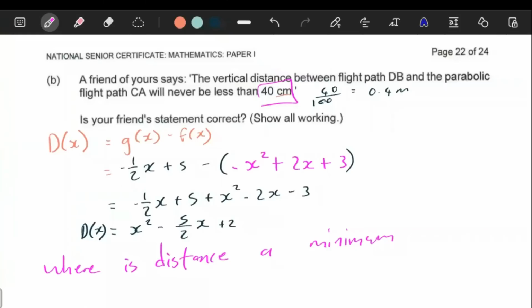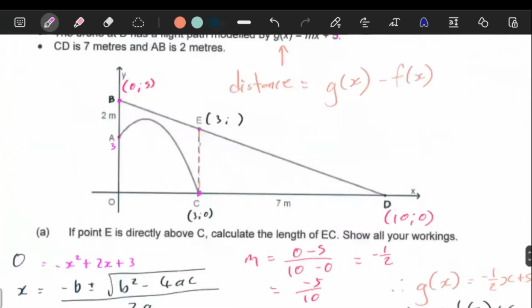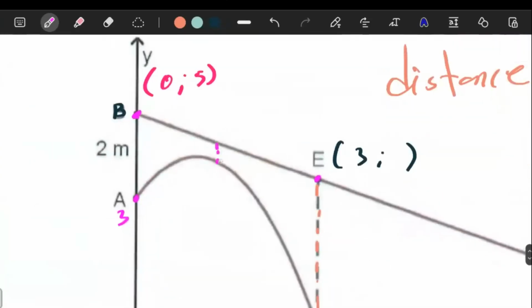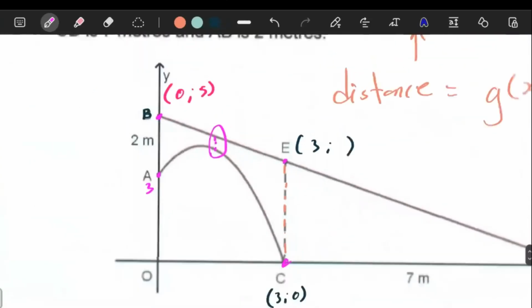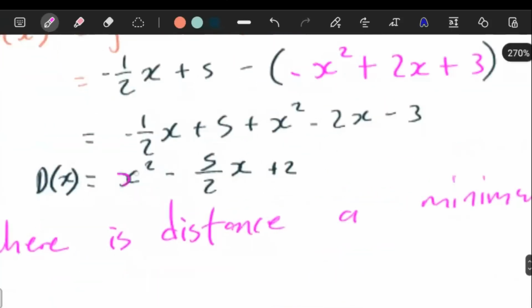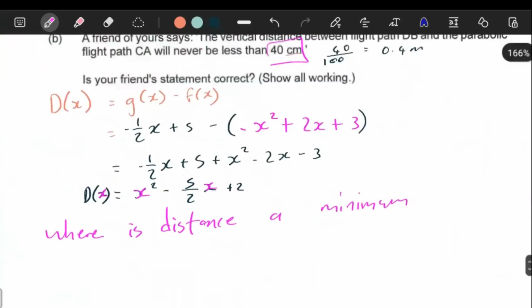When we find out what that specific x value is, we will throw it into this distance formula and show that the distance that comes out is 0.4 meters.